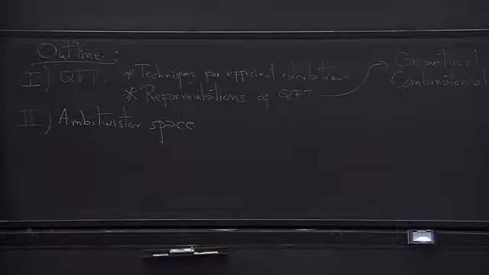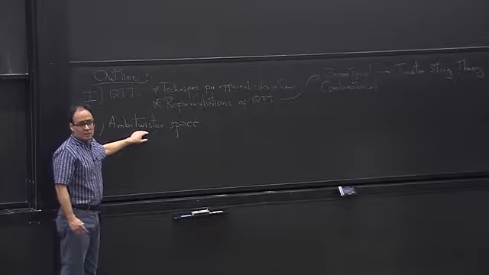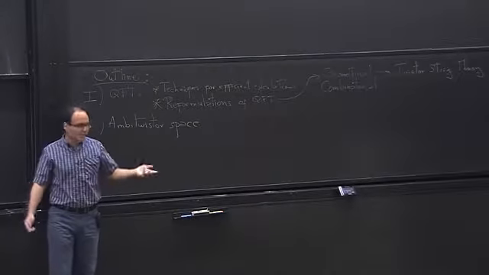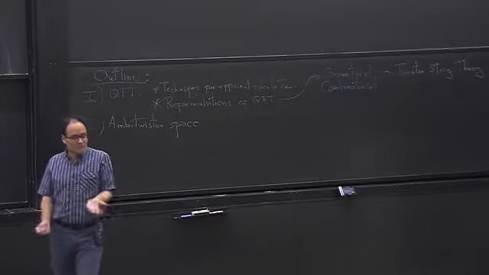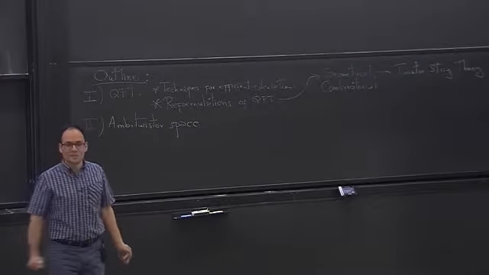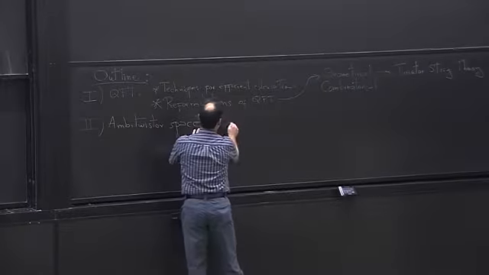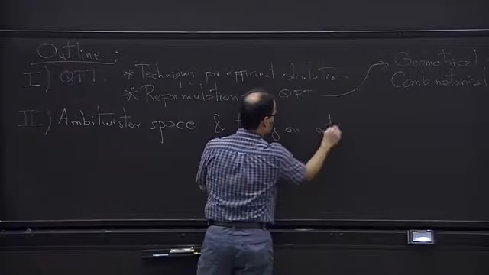Could there be any way of introducing alpha prime? This is actually the best way we have so far of doing it. I have to confess, I'm not completely satisfied with the way we are going to introduce alpha prime, but that's great. It means that there is still work to be done. So ampli-twistor space and turning on alpha prime.